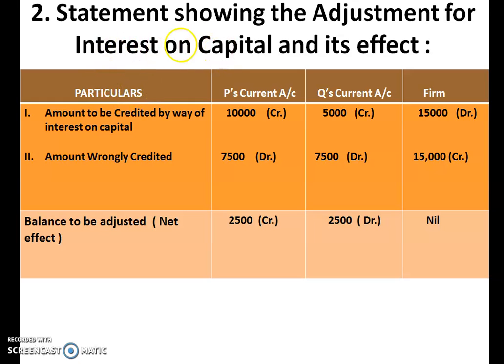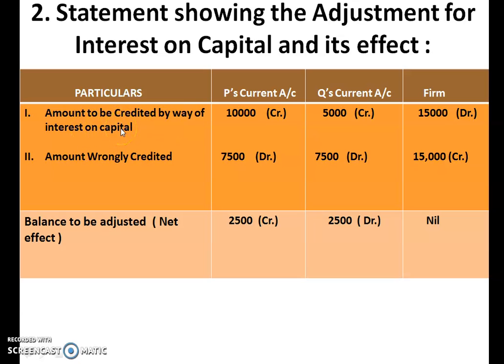So here what you are supposed to do is, for working note 2, you have to write at the top: statement showing the adjustment for interest on capital. Okay. Then draw a box, in which the particulars P's current account, Q's current account and firm account have to be shown. The first part of your working note is the amount to be credited by way of interest on capital.